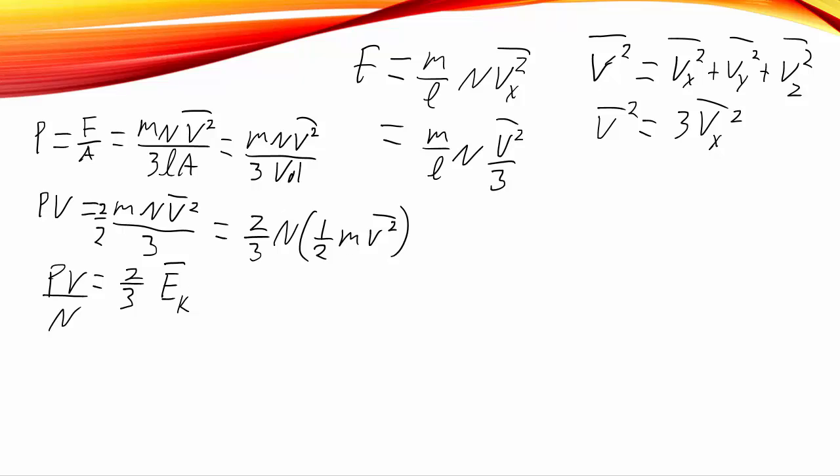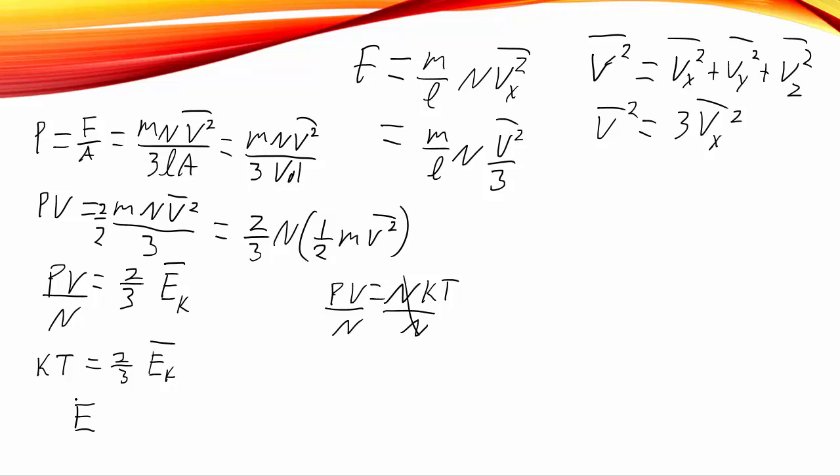We're almost done, so just stick with me for a little bit longer. We had that expression that I started with, that PV equals nkT. So PV over n is just equal to kT. So I can put a kT over here, where that's Boltzmann's constant times the temperature, equals 2/3 times the average kinetic energy, and then I just put the 2/3 on the other side.